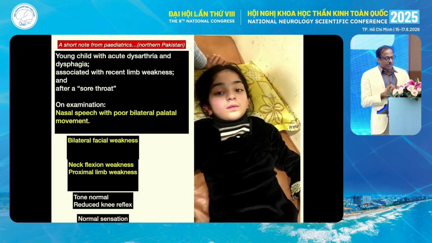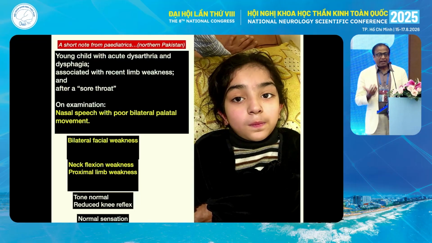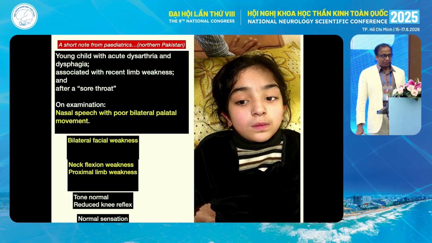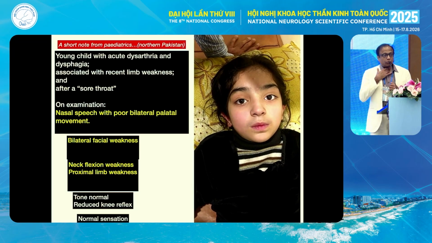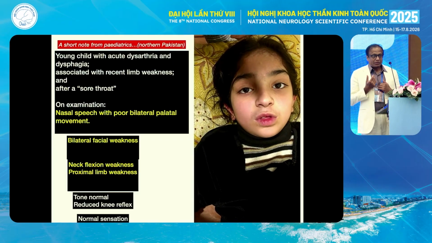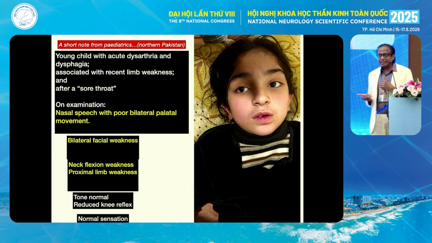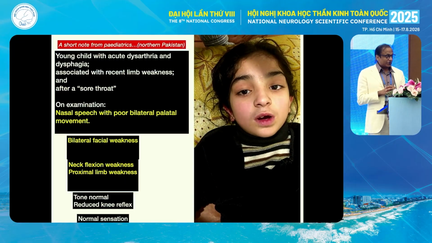Pediatricians referred us because 2 to 3 weeks later, she developed weakness in the limbs that was ascending upwards. She had swallowing problems and speech problems. So again, just like I said earlier, very characteristic features of Guillain-Barré syndrome, right?